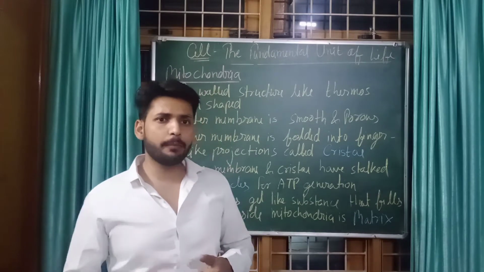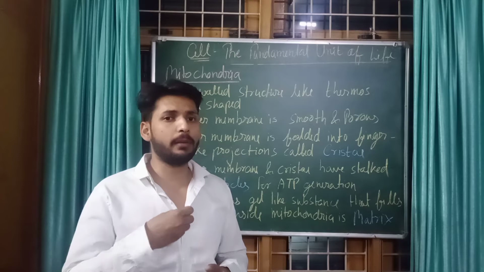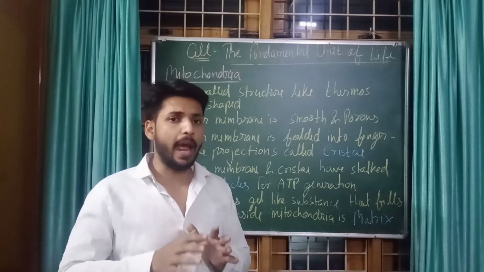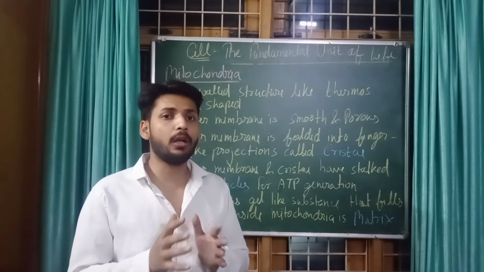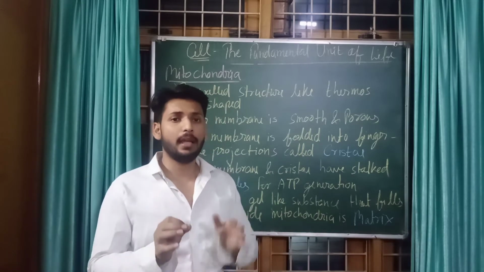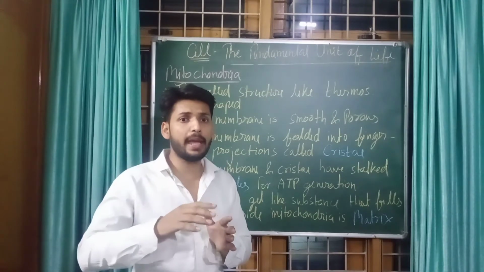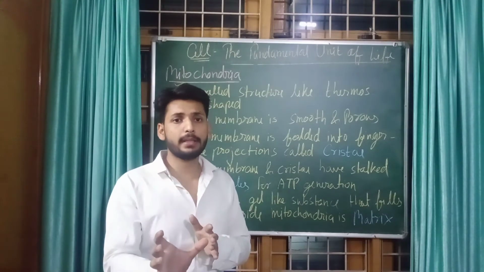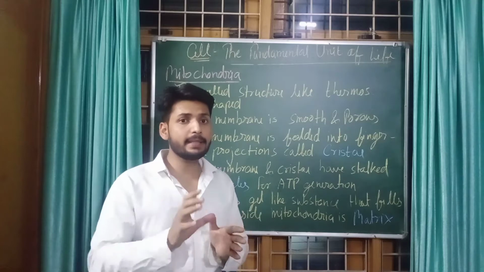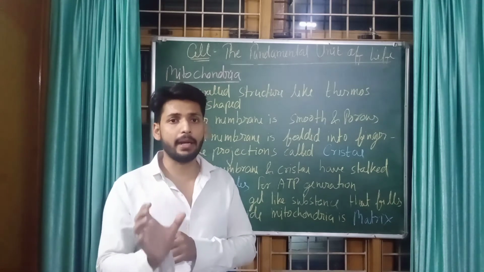In the respiration process, oxygen is taken to different parts of the body and distributed to all the cells, and that oxygen inside the cell is utilized with glucose and converted into ATP, that is an energy form.